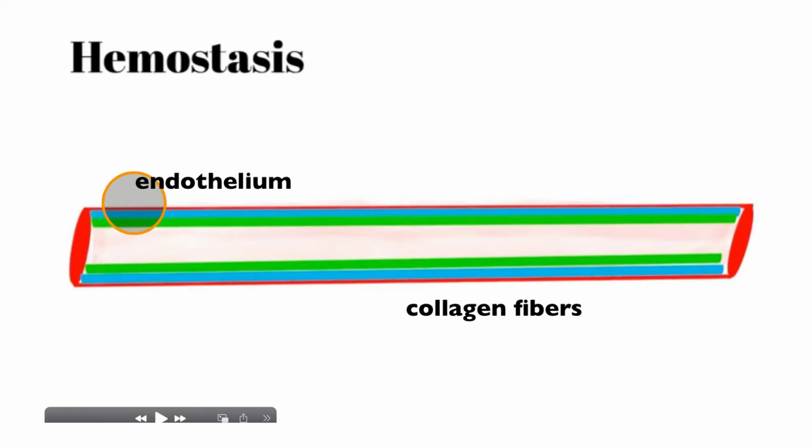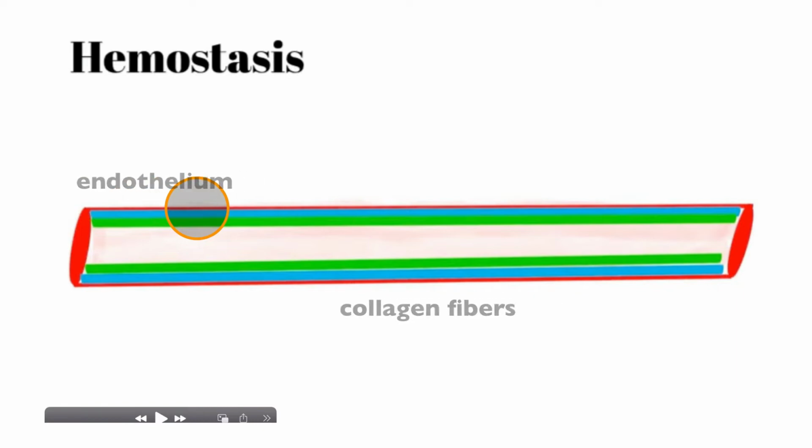I should have on the outside of the tunica media the connective tissue that makes up the tunica adventitia or tunica externa. I apologize for that. But once again, we have endothelium, connective tissue laden with collagen fibers, and then the smooth muscle making up the blood vessel.